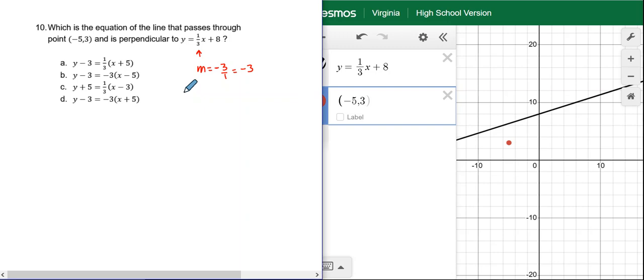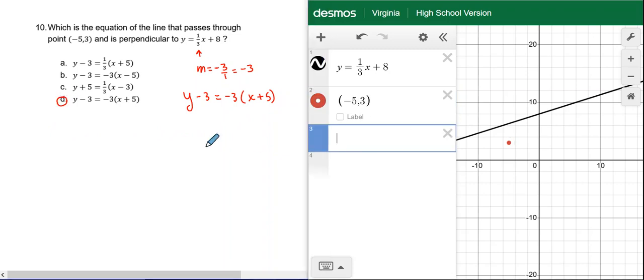Let me just write it out. So y minus the y coordinate, which is 3, equals the slope, which is -3, times x minus the x coordinate. So minus -5 will make it a +5. And that is the last one.